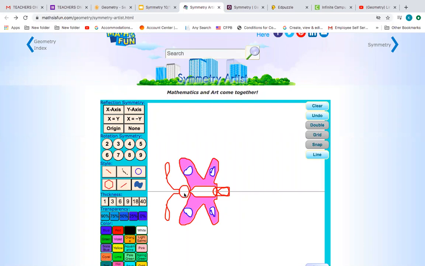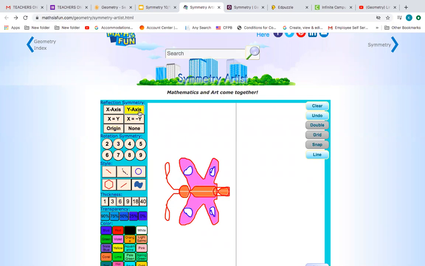I'm bad with colors, so anyway. So you take this part and then you flip it. Not take it and put it on top of it, just flip it. It will fit exactly on top of it.